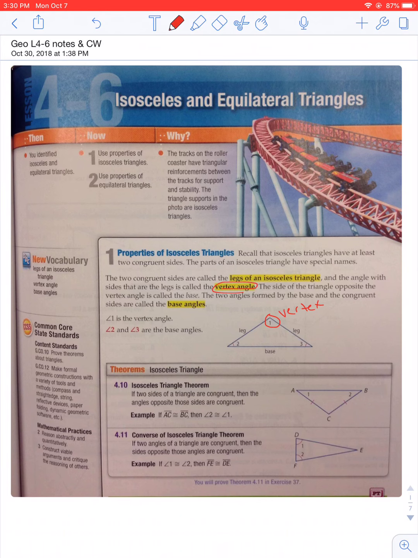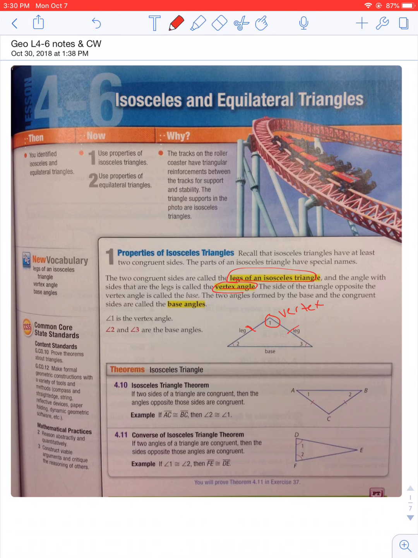Well, what are the legs of an isosceles triangle? We'll look up above that. It says the legs of the isosceles triangle are the two congruent sides. And so basically the two congruent sides always come out of the vertex angle. And so that means that this leg and this leg are going to be congruent.